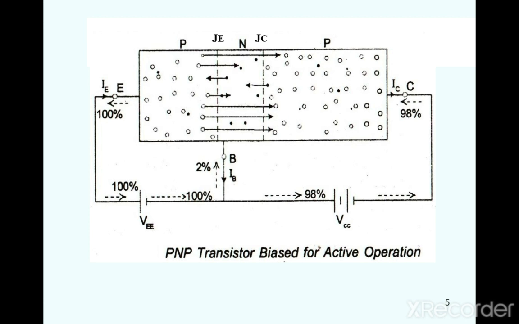This is the active operation mode. For active operation, we connect the emitter and base terminals in forward biased mode, and base and collector terminals in reverse biased mode. See that in the diagram.